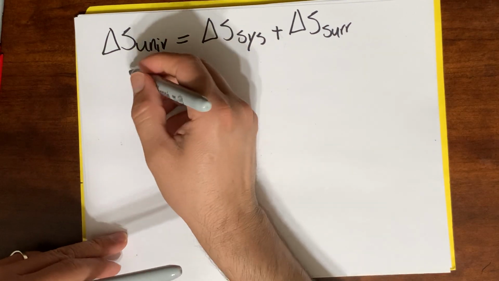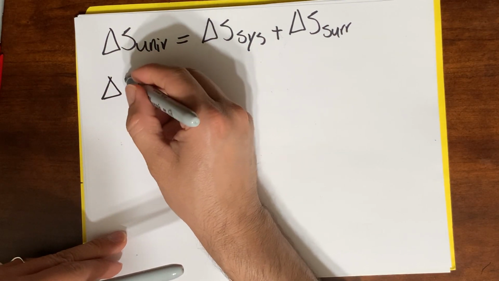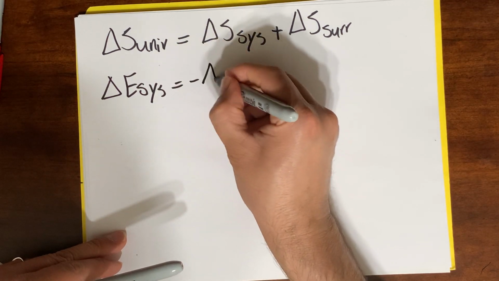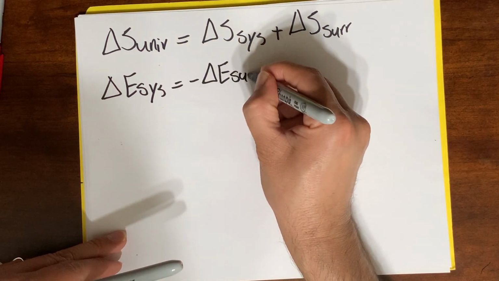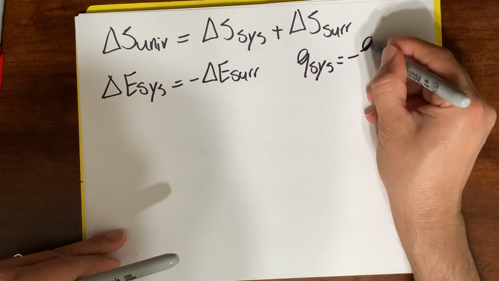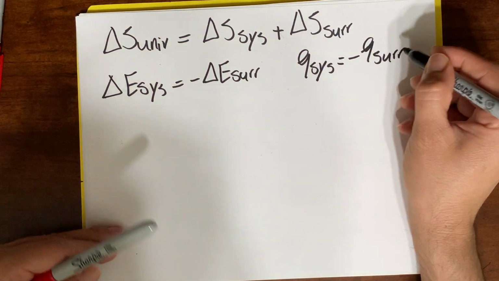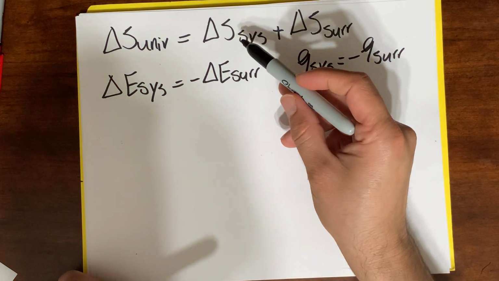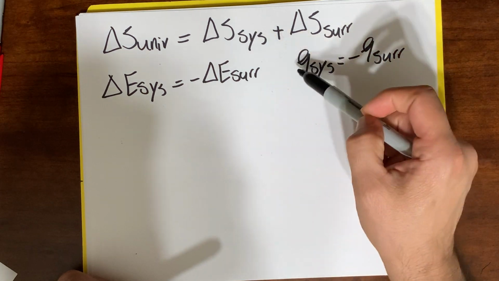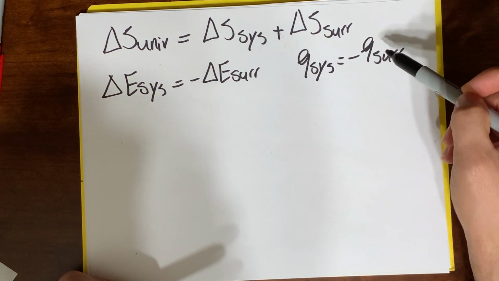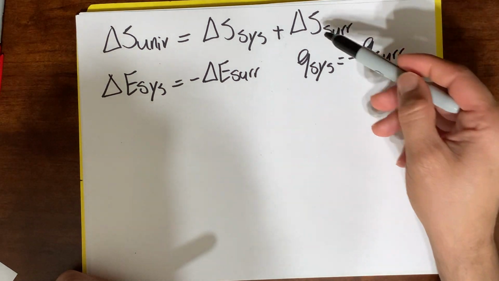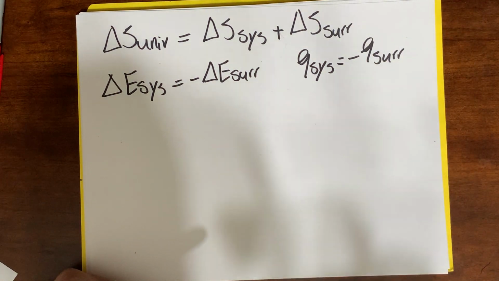I know change in energy of the system is equal to minus change in energy of outside. And I know heat of the system is equal to minus heat of surrounding. So I'm going to focus on the system, try to get the entropy for the system, and also try to figure out how much heat we gave to outside. Because if we have that, we can calculate change in entropy of the outside.